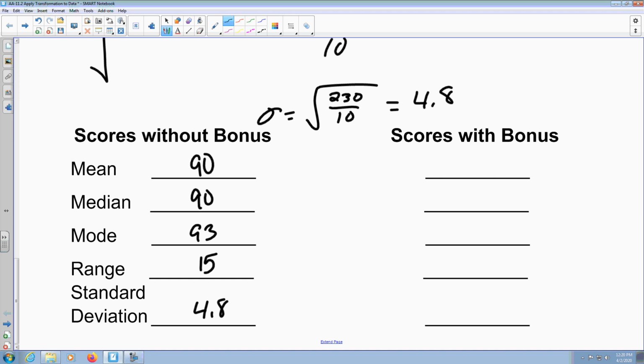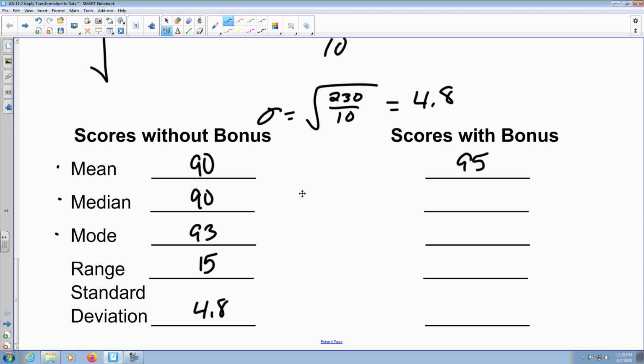So now, in order for us to figure out what the mean, median, mode, range, and standard deviation are with the bonus, we go back up to the top, and when we talked about it, the mean, the median, and the mode are going to be increased by that constant. Since it was 5 bonus points, that means my new mean is going to be 95.